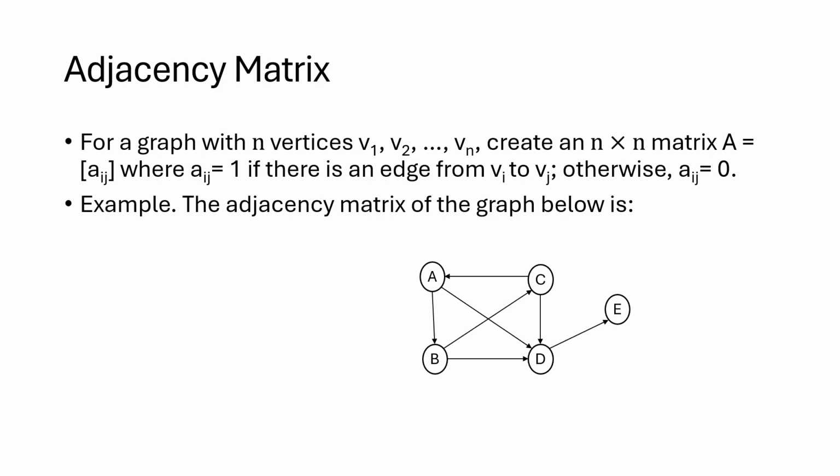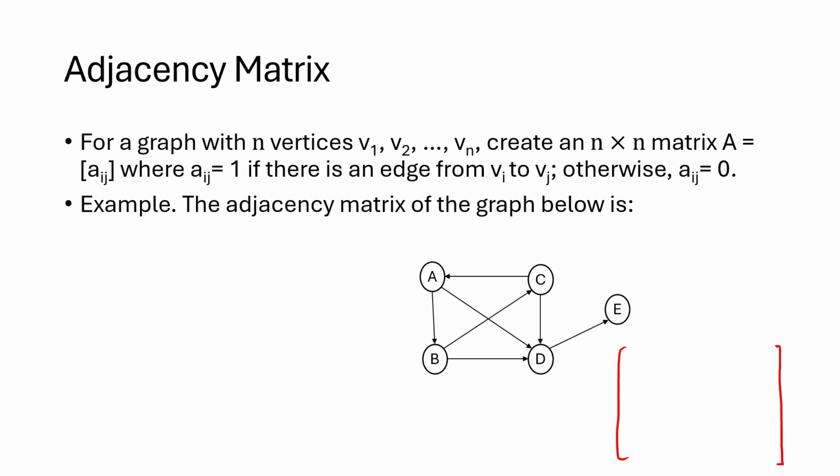Now, to make this more clear, we have an example here where, as you can see, our graph has 5 vertices labeled as A, B, C, D, and E. And that means the adjacency matrix for this graph is going to be a 5 by 5 matrix that I'm going to draw down here.